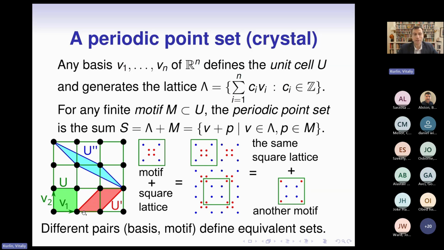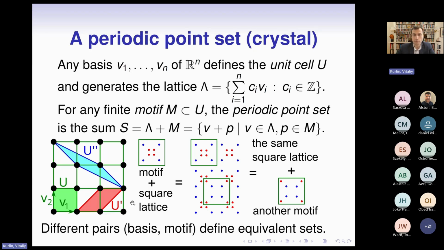But immediately from this very basic definition, you might notice that you can get exactly the same lattice, here consisting of all these black dots, starting from a different basis. Instead of this green one, you could take the same vector v1, but also the sum v1 plus v2, which generate a different unit cell, but exactly the same square lattice as a set of all linear combinations.